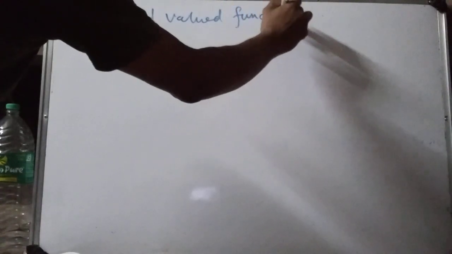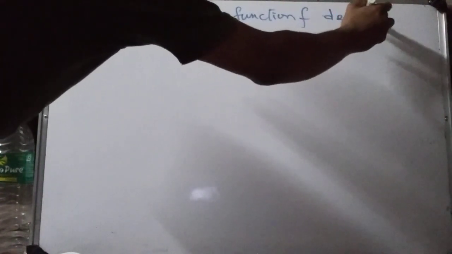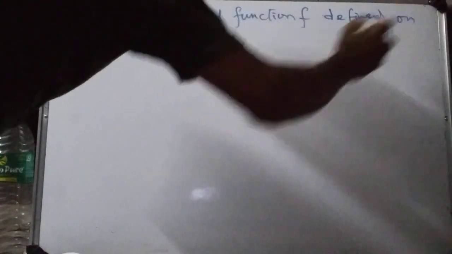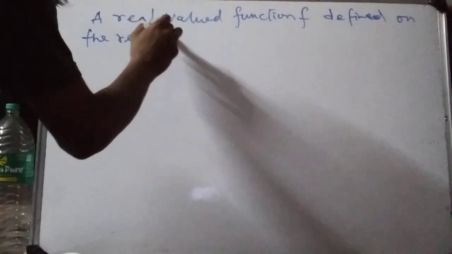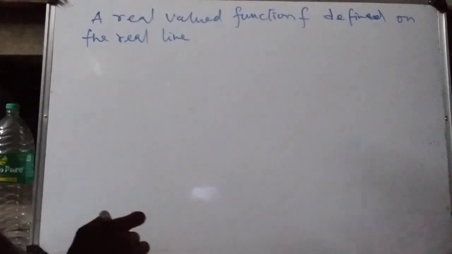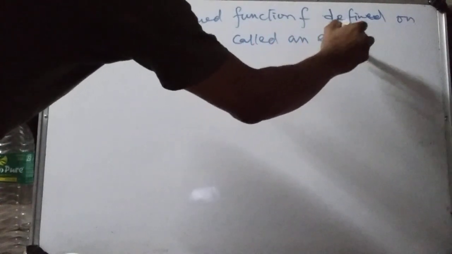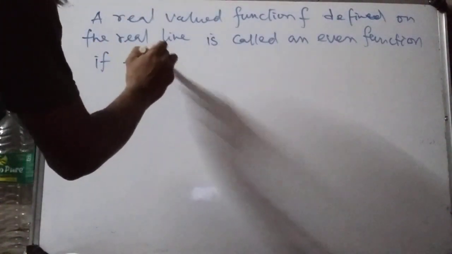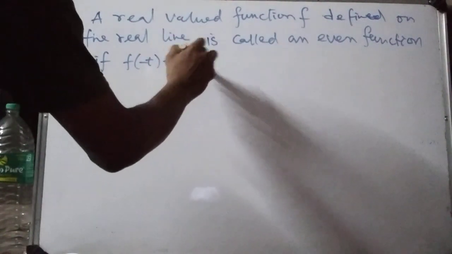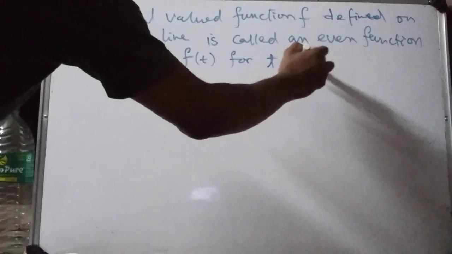A real valued function defined on the real line is called an even function if f of minus t equals f of t for each real number t, for each t belongs to R.